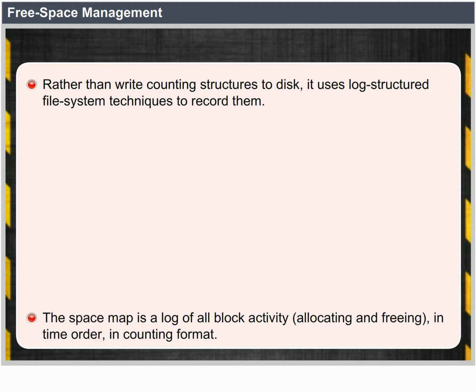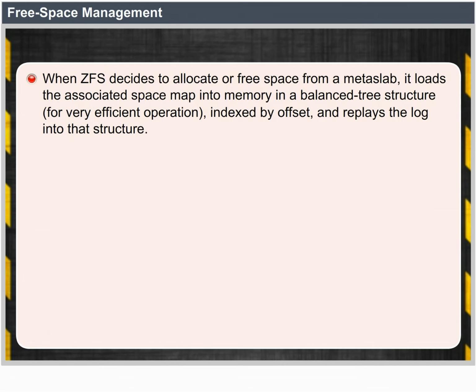When ZFS decides to allocate or free space from a metaslab, it loads the associated space map into memory in a balanced tree structure for very efficient operation, indexed by offset, and replays the log into that structure. The in-memory space map is then an accurate representation of the allocated and free space in the metaslab.